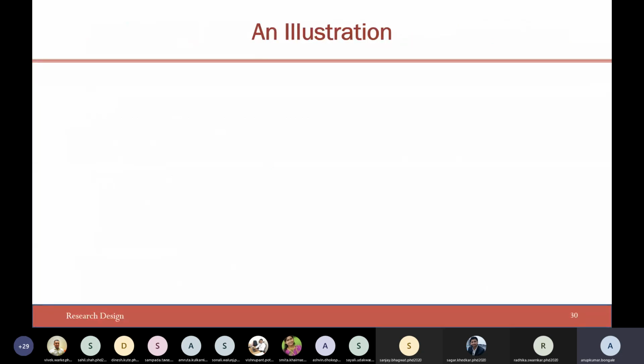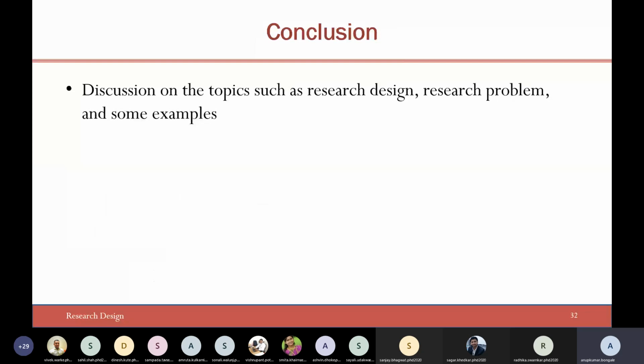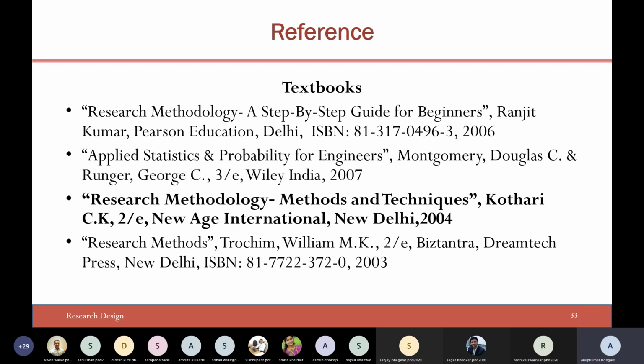Okay, so I think we'll stop at this point. We'll discuss this illustration in the next session. We'll wind up at this point. I have one more quiz. I want all of you to take that quiz. And again, briefly, we'll look into these points in tomorrow's session and take up the additional topics associated with research design.